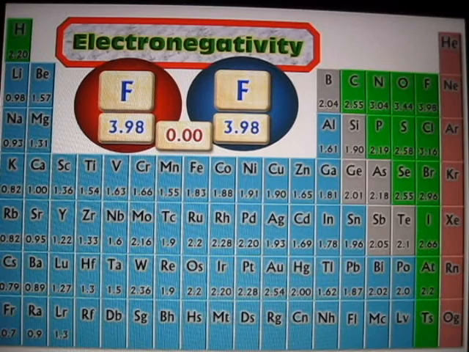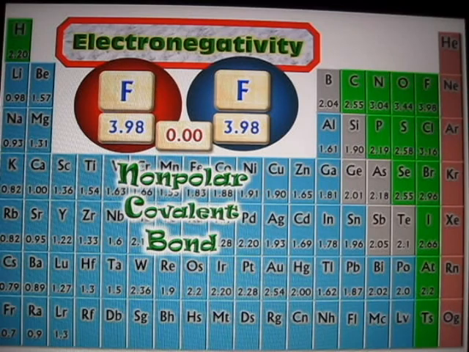So what kind of bond would that make? If there's a difference of 0, we saw this. Differences of 0 give you nonpolar covalent bonds. So there is an answer to this one. In fact, any nonmetal that bonds to itself, you already know, it's got to be a nonpolar covalent bond. Because every nitrogen has the same electronegativity as every other nitrogen.